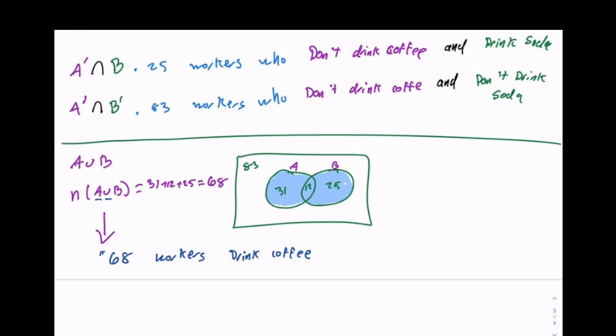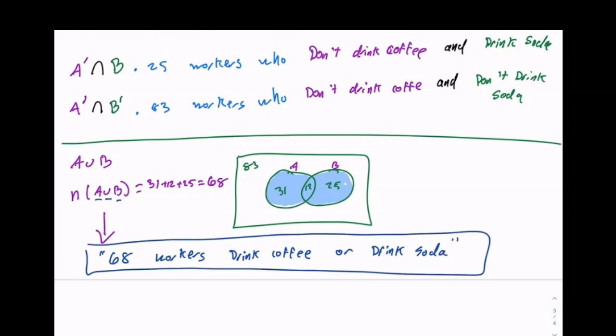Or. Drink coffee, drink soda. 68 workers drink coffee or drink soda. You can also say it like 68 drinkers drink either coffee or soda. You can add that either to make it sound a little bit more conceptualized.